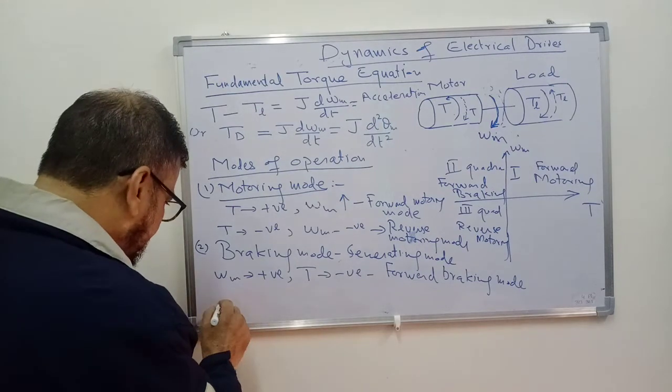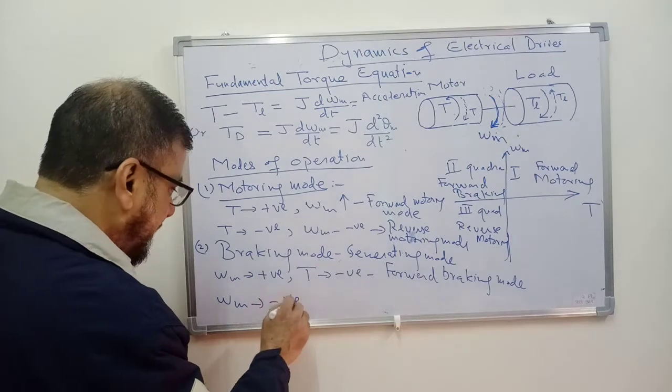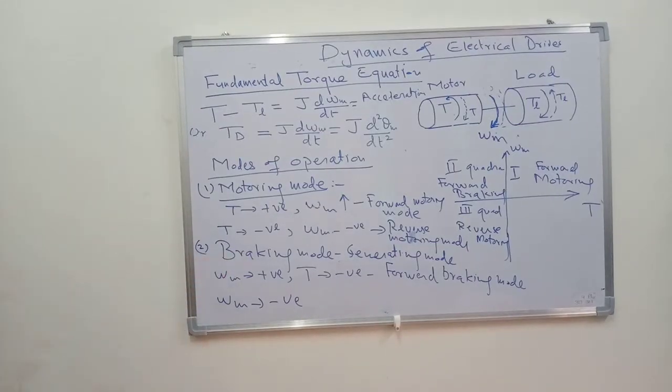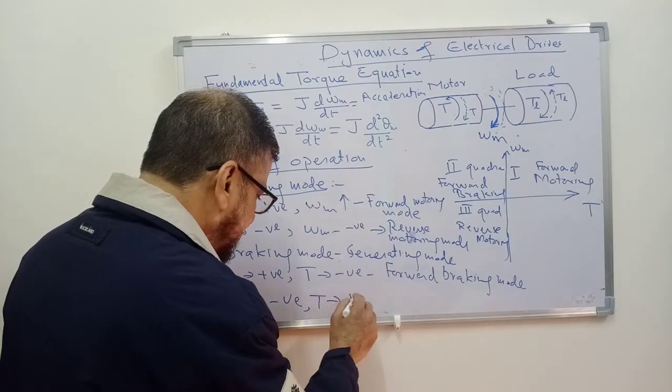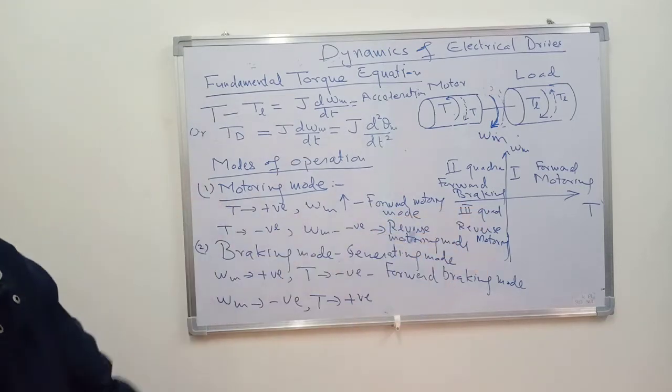Then other possibility is that speed is negative. The motor runs in the opposite direction, negative direction, and the torque is positive. That is where in the fourth quadrant.